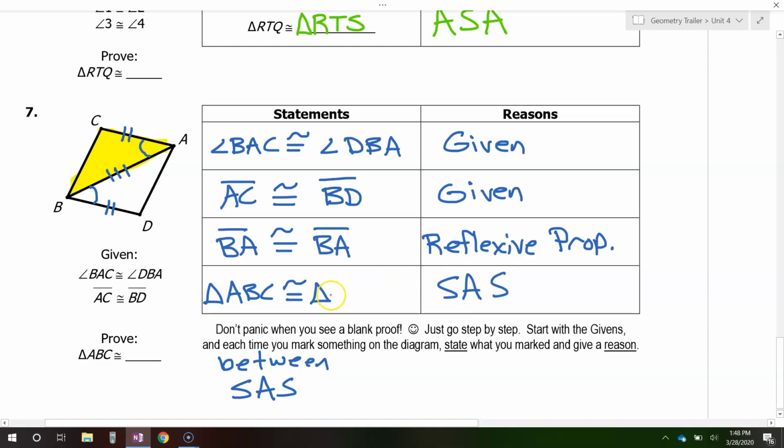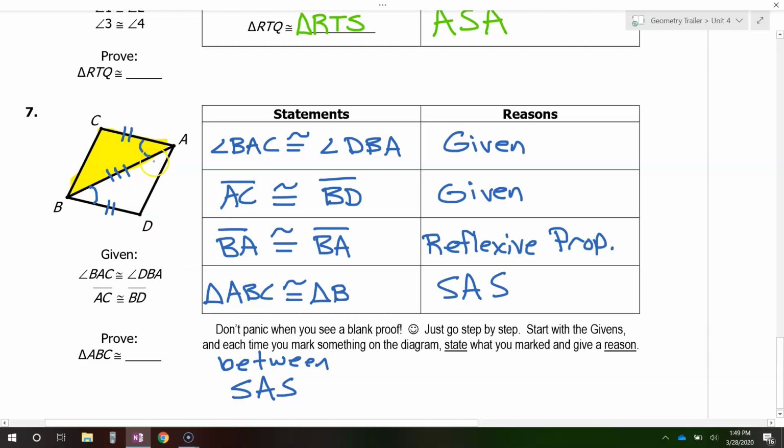Okay, now making the congruence statement. Angle A, the yellow angle A, corresponds to the white angle B. So we're going to go B right now. Next, okay, this is the yellow angle B. Notice the yellow angle B is the blank one.